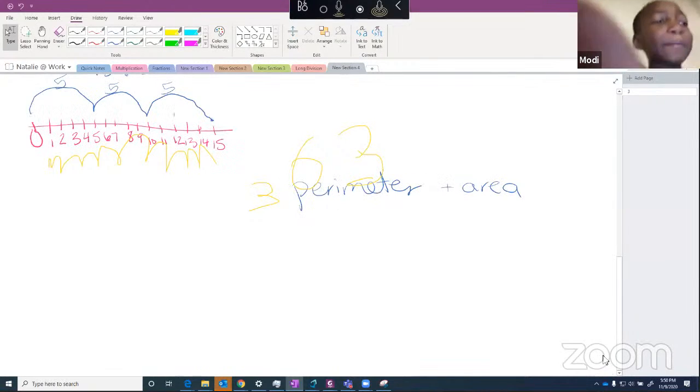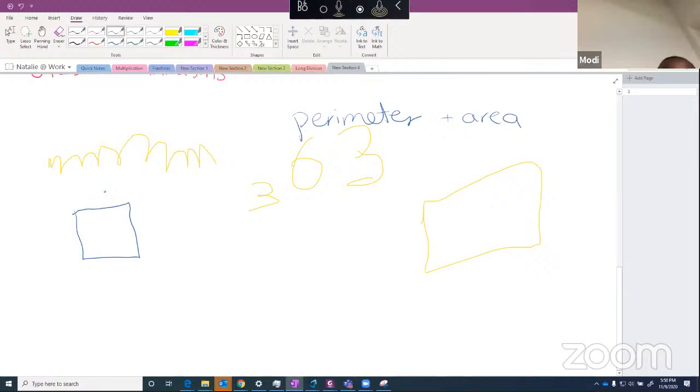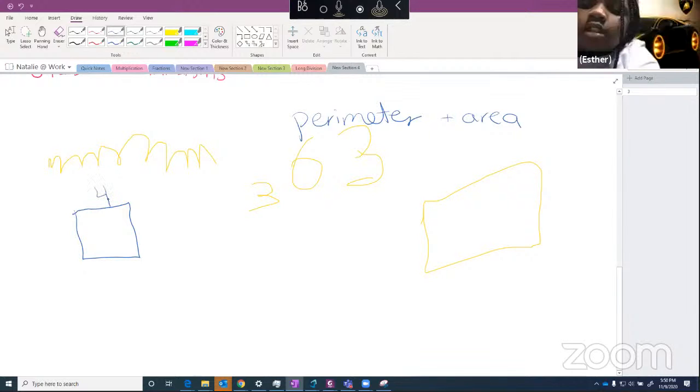So let's say you have a square. All right. So let's say you have a huge square. That's a rectangle. This is just an example. And let's say on the top there's 4, and the other side there's a 4.